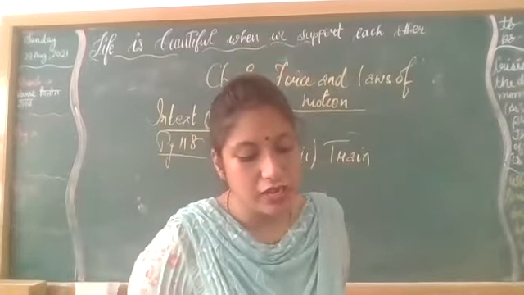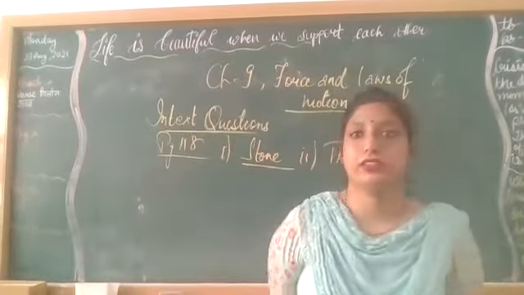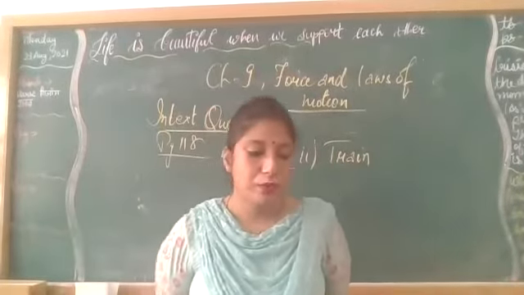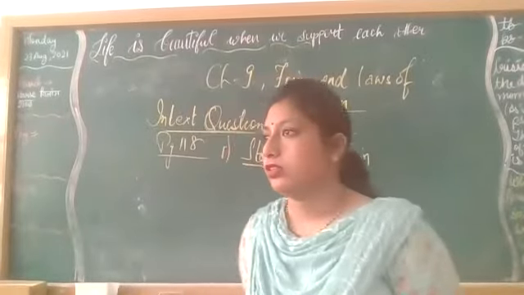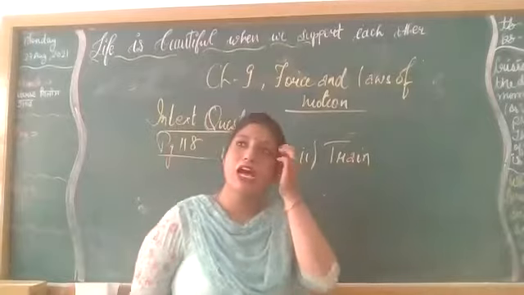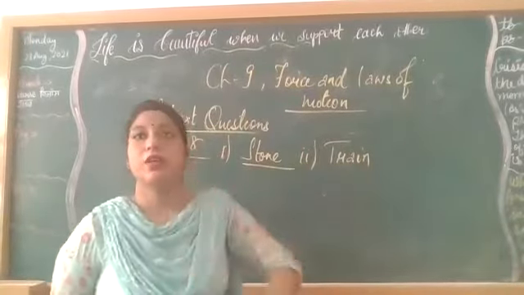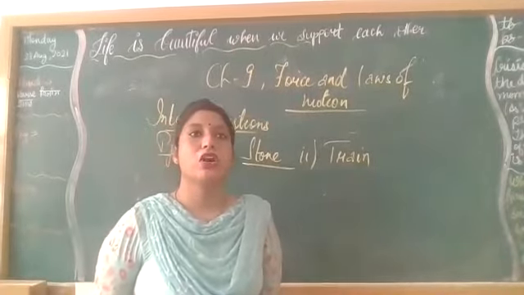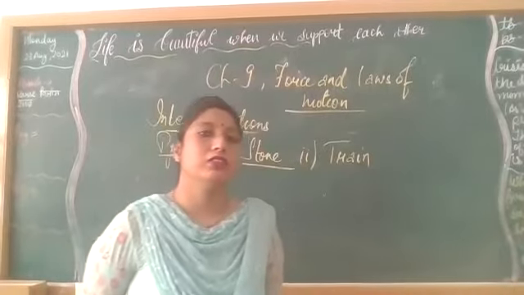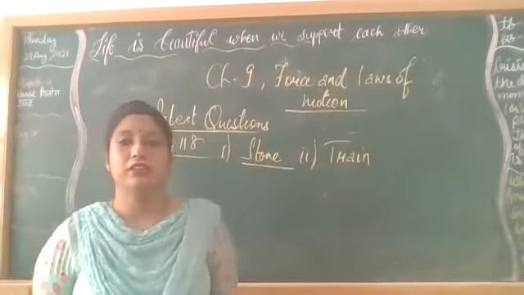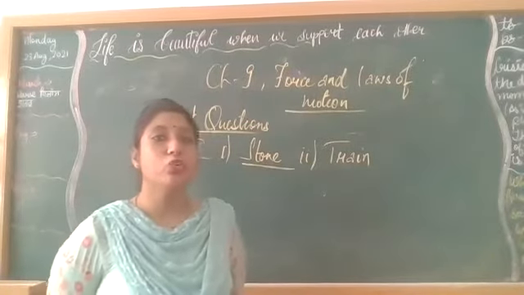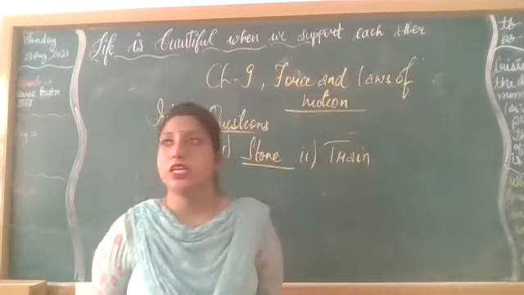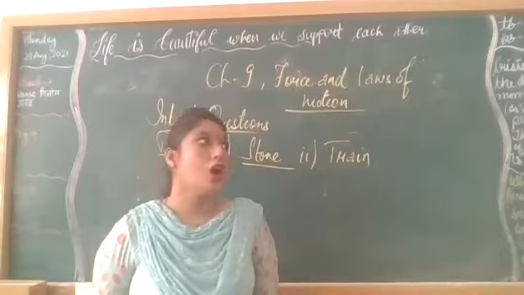Third part: a 5 rupee coin and a 1 rupee coin. The 5 rupee coin. Please write down: a 5 rupee coin has more inertia because the mass of the 5 rupee coin is more than the mass of the 1 rupee coin.